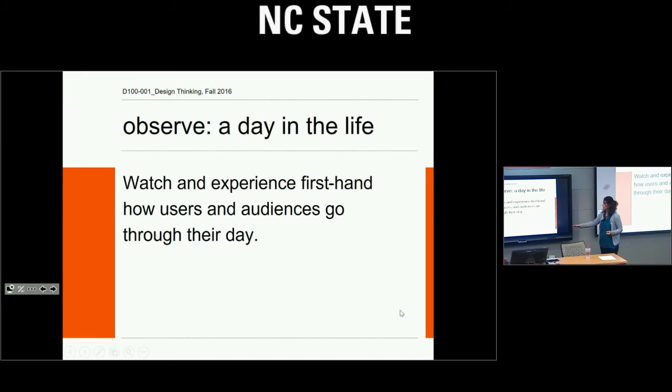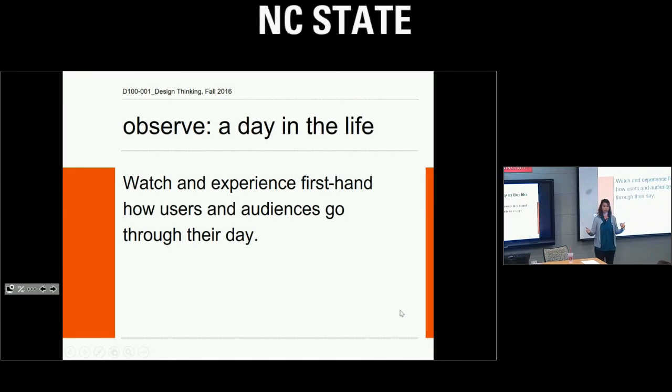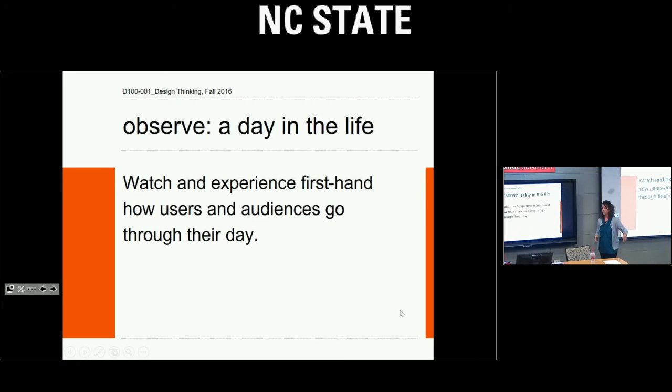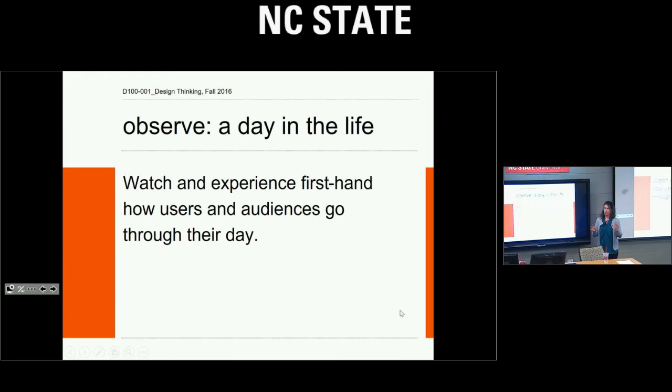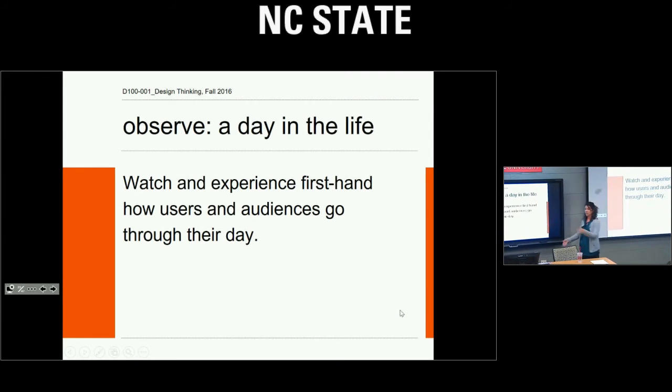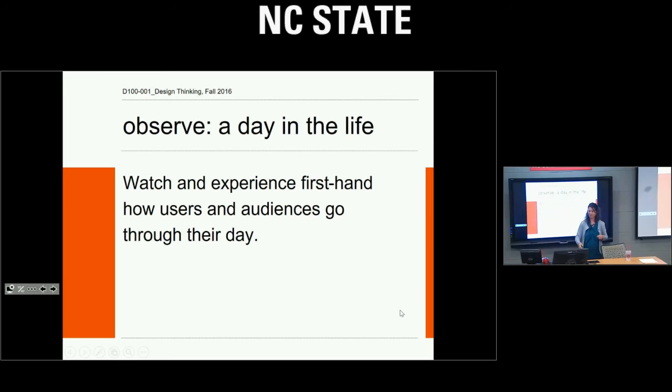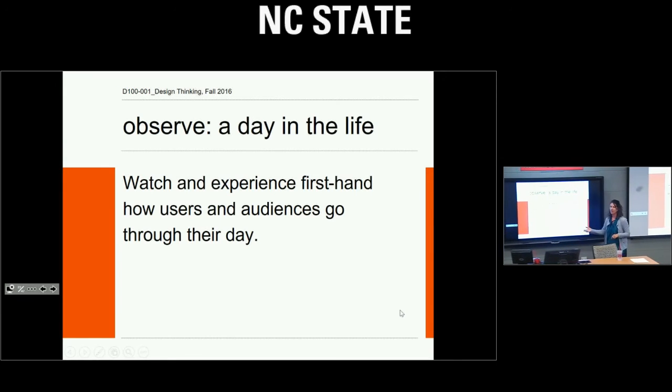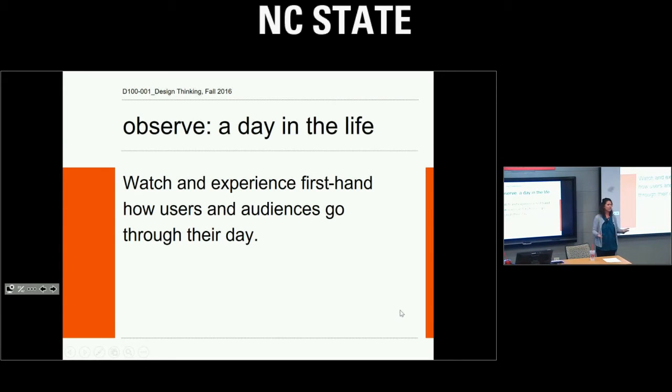So one of the things you can do, and hopefully all of you have looked over assignment 1 already, so be thinking about that as you're going through these. These are all research methods that you can use in assignment 1. Some of them will be easier than others, but first, a day in the life. Try to observe firsthand how somebody goes through the process, how they go through their day, what users and audiences do.